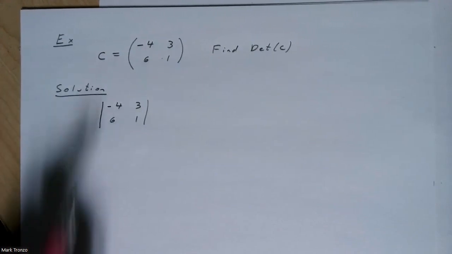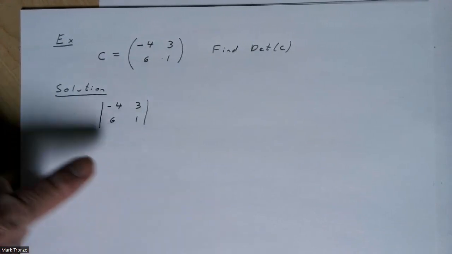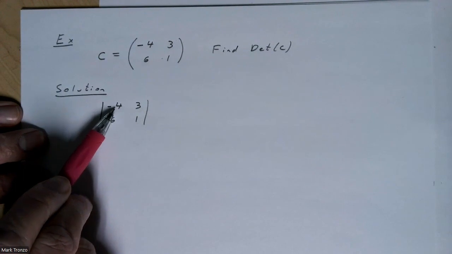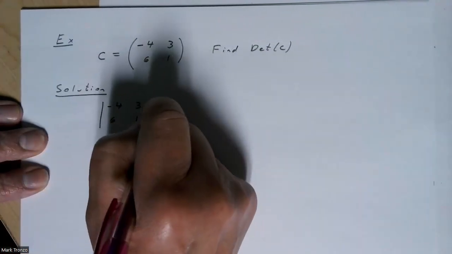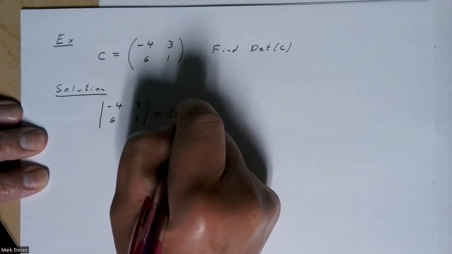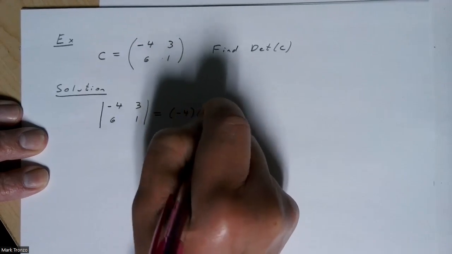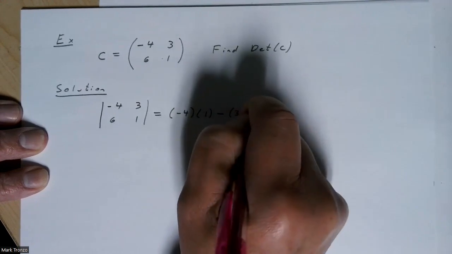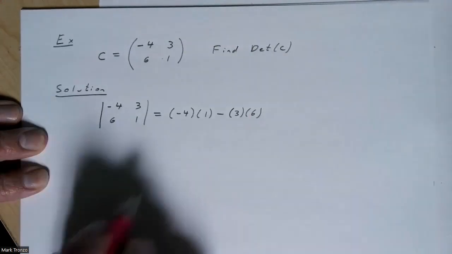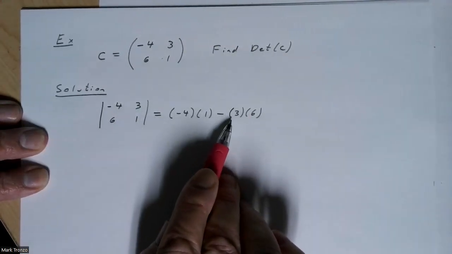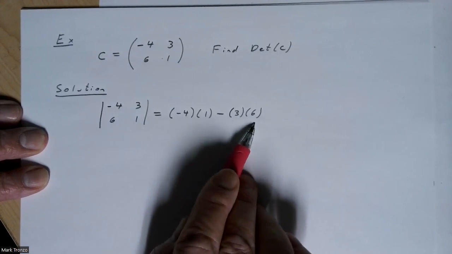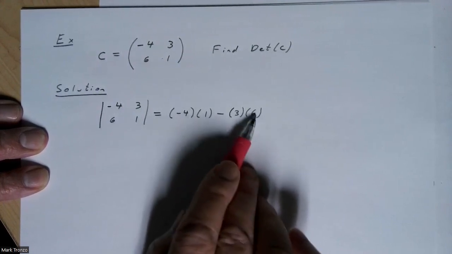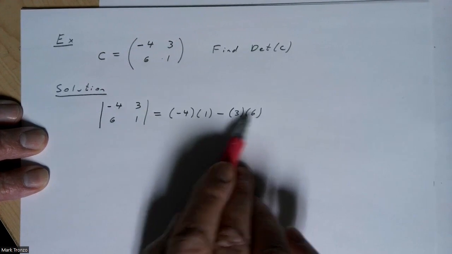And remember, we said it's going to be the upper left times the lower right minus the upper right times the lower left. Or, of course, you could have made this 6 times 3. It doesn't really matter within here which order.